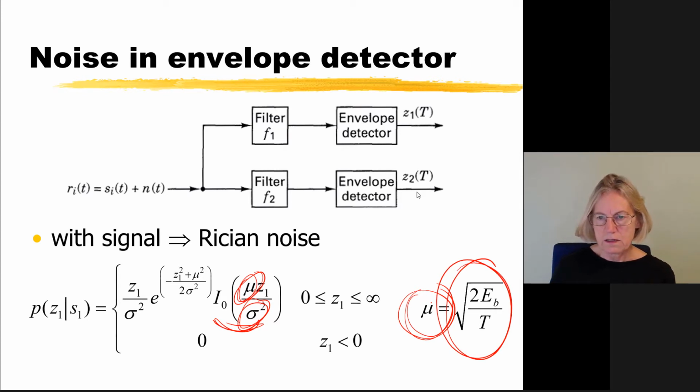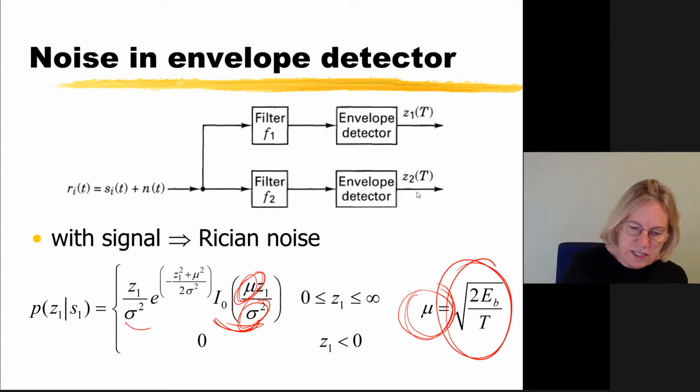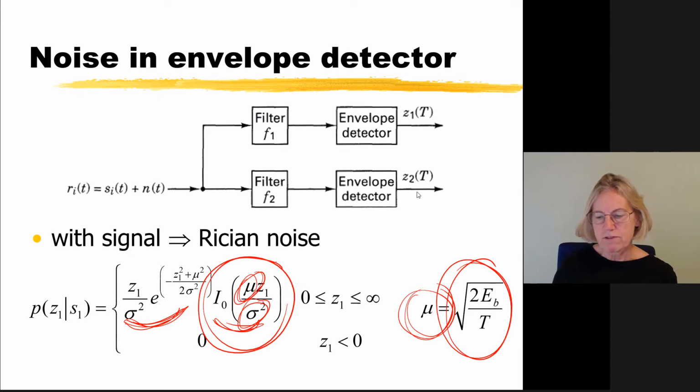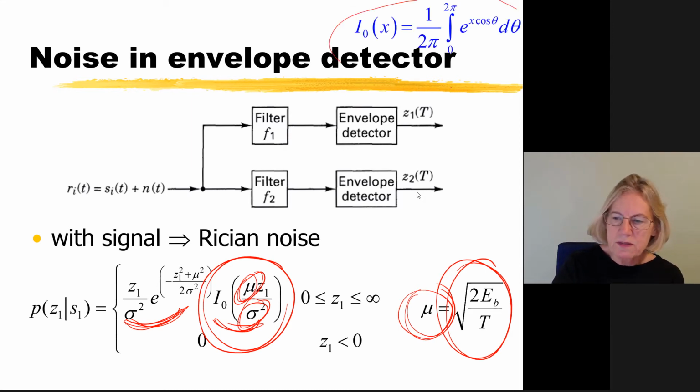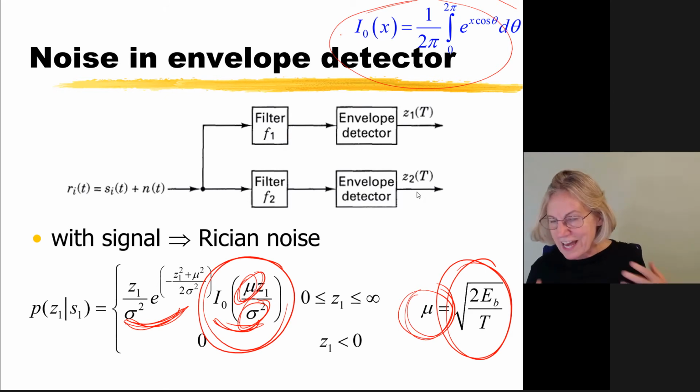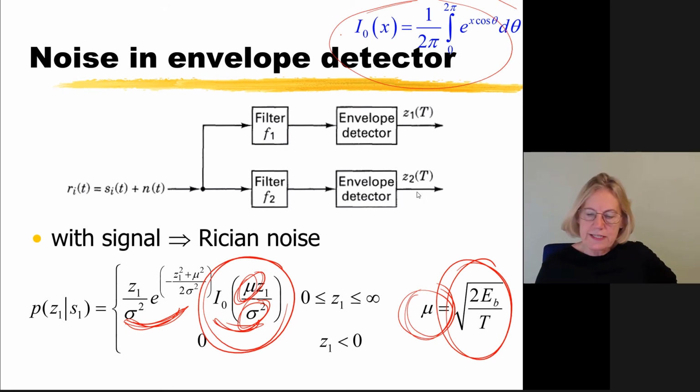It looks like the Rayleigh distribution here, but now we're multiplying by this Bessel function. So things look a little complicated, but here's, by the way, the Bessel function in case you've forgotten the definition of that function. So things are complicated, and it's not as easy as the Gaussian noise case.